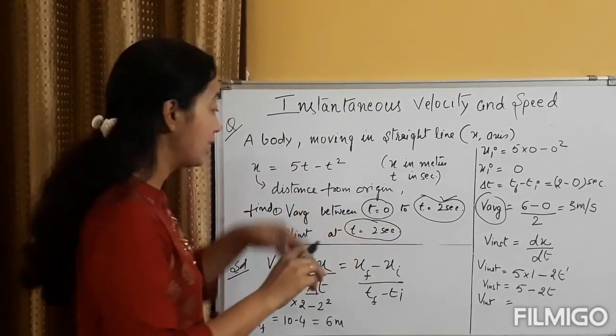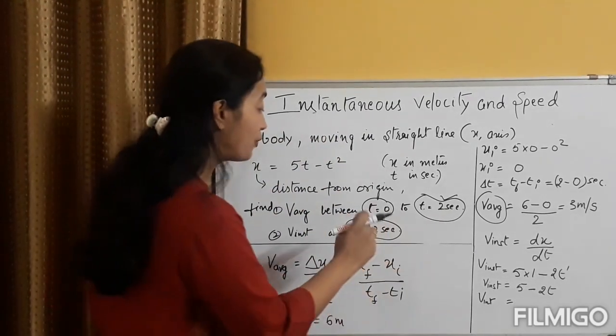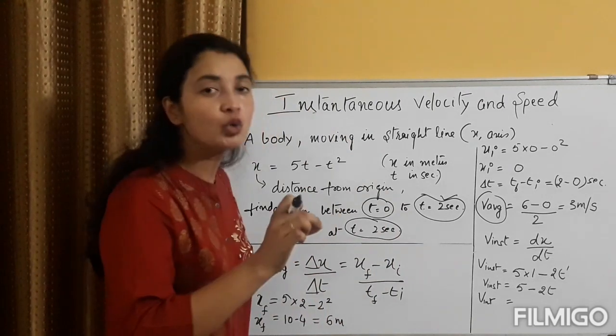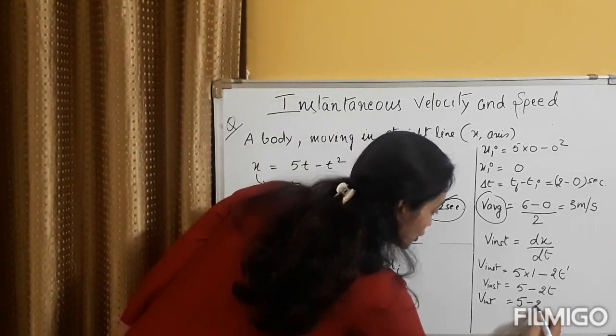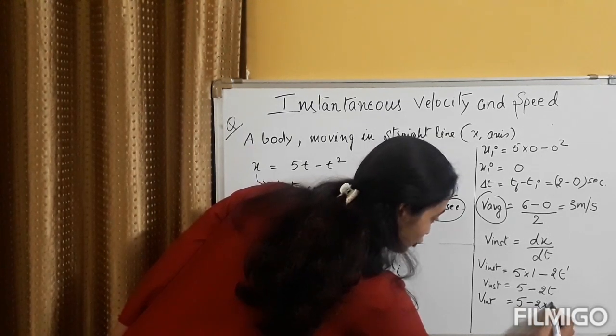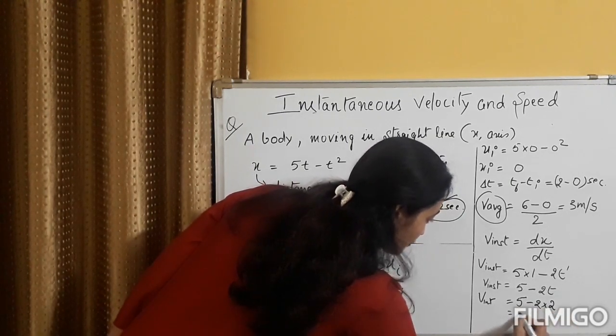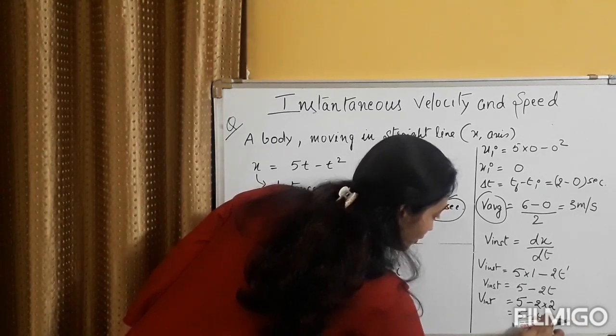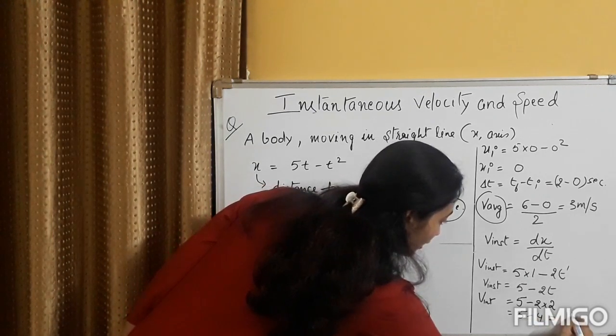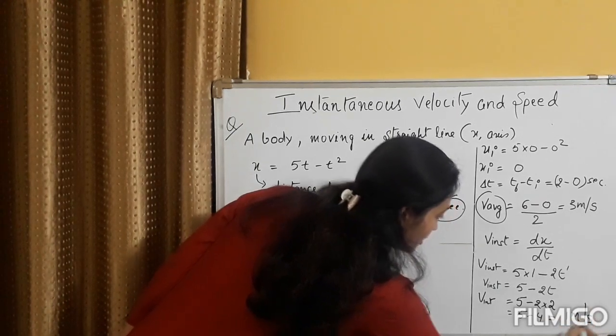Here we are trying to find exactly at 2 seconds what is the velocity. So I am putting 5 minus 2 into 2 seconds. That gives me 5 minus 4, which is equal to 1 meter per second.